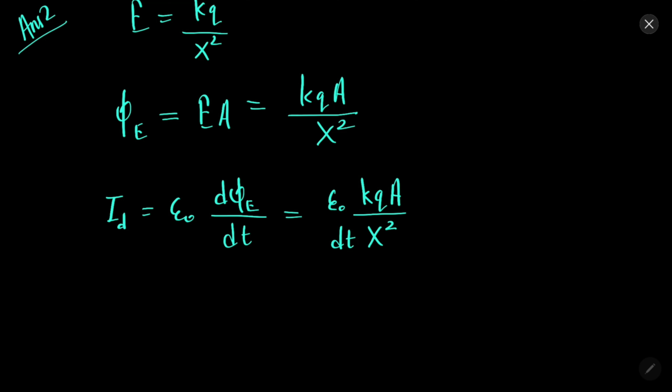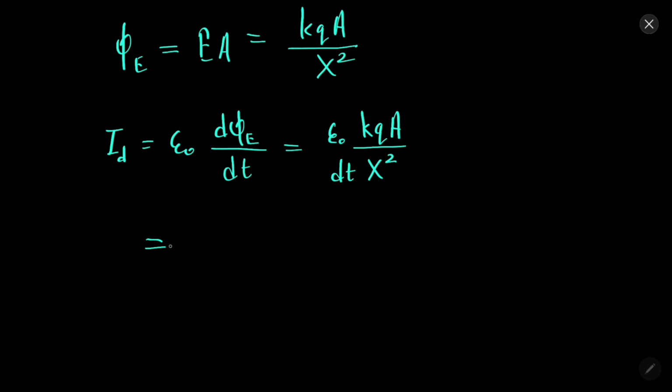So now let's put all the constant quantities outside. So at the place of k we can write 1 over 4 pi epsilon naught. Then q is also a constant, area is a constant.